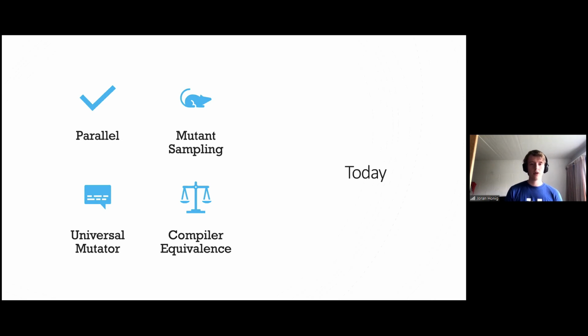The second one is mutant sampling, which is actually a fairly straightforward approach. So what we'll do there is, instead of running the mutation analysis on the entire test suite, we take a sample of the mutations that we've generated and only run the analysis on this sample.